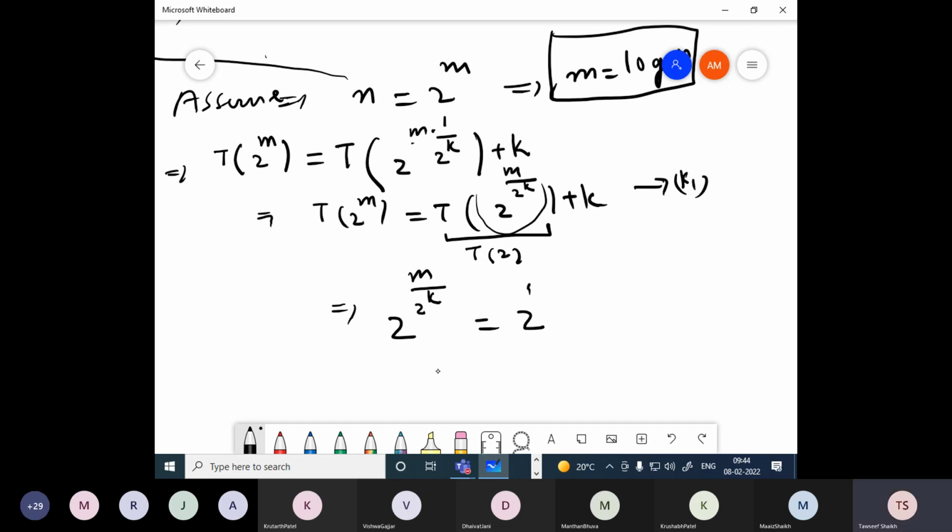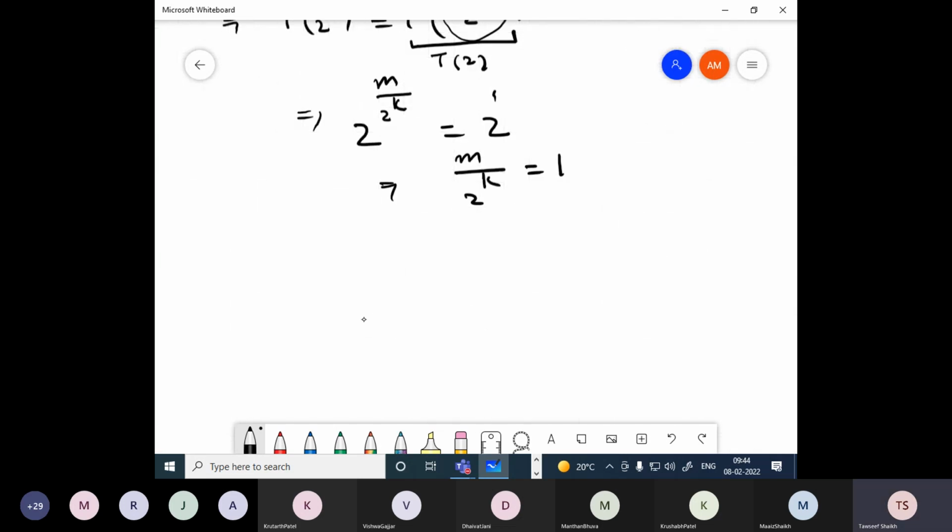So if I take its power equal to 1, that means m divided by 2 power k is equal to 1. Moving forward, this will become m is equal to 2 power k.